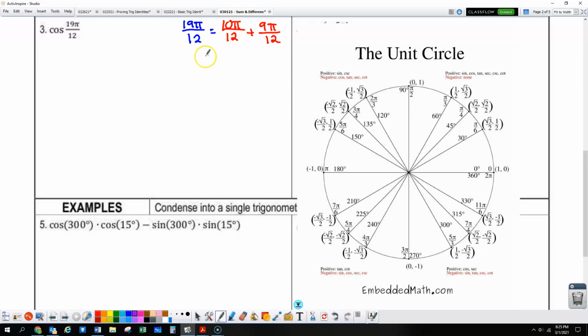So here, 10 pi over 12, that can be simplified if I divide by 2. So that'd be 5 pi over 6. And then 9 pi over 12, if I divide by 3, 3, 6, 9, so that's 3 pi over 4. Right? So that means if we add 5 pi over 6 plus 3 pi over 4, we would end up with 19 pi over 12. So I can rewrite this as cosine of 5 pi over 6 plus 3 pi over 4.